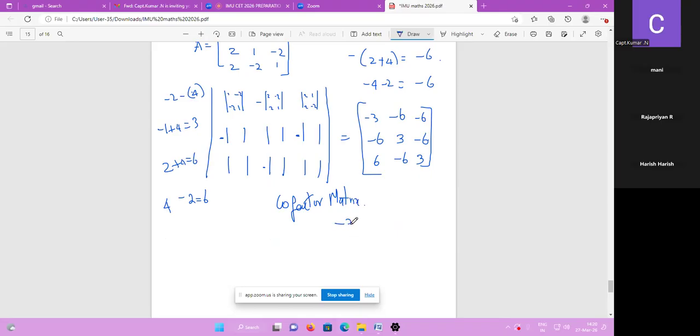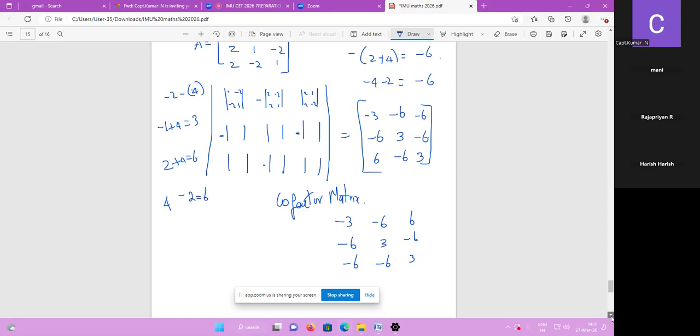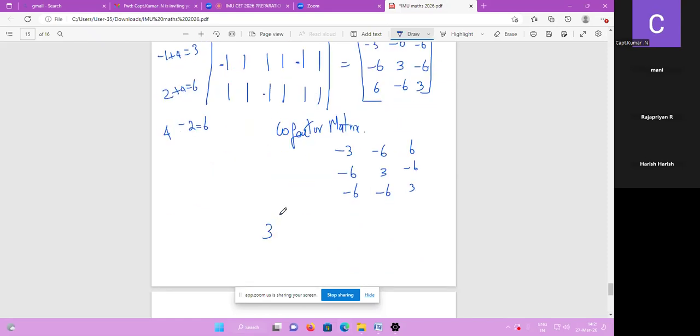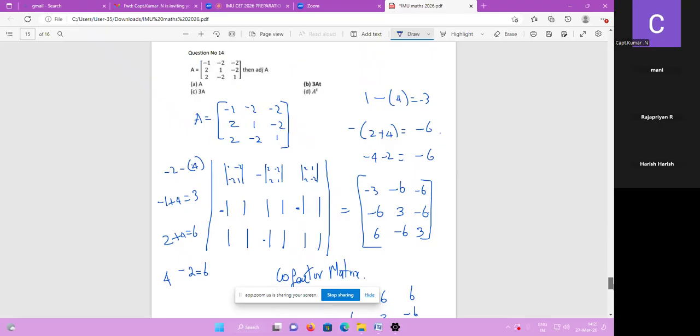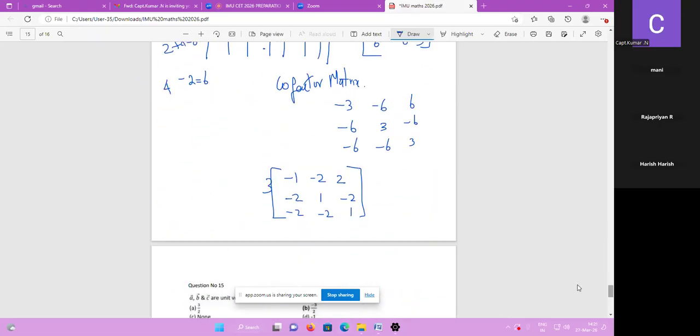That means minus 3, minus 6, minus 6, minus 6, 8, 6, 6, 6, 3. If you take 3 common, you will get minus 1, minus 2, 2, minus 2, 1, minus 2, minus 2, minus 2, 1, which is not equal to A, which is equal to A transpose.